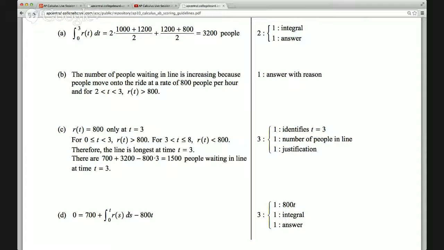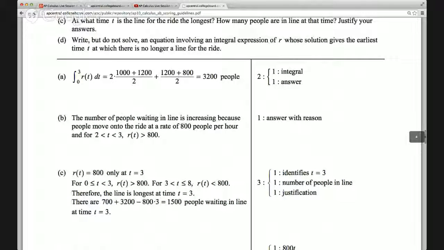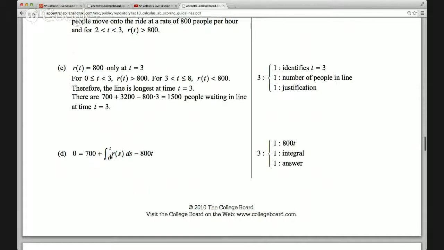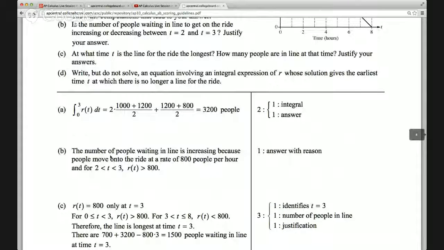And they went ahead and solved it. I don't know that you necessarily have to move this 800 to the other side. I think you can still leave it over here because it does not say to solve it for 0 or anything like that. You know what?